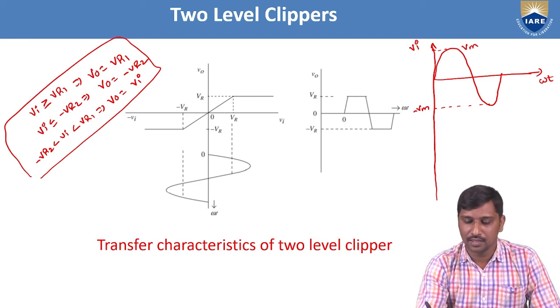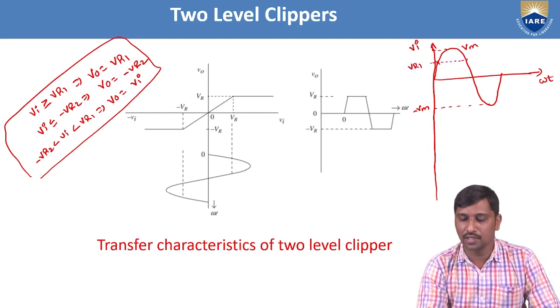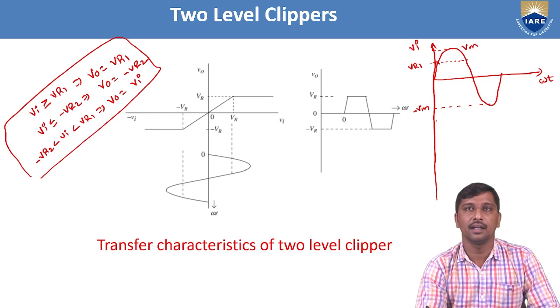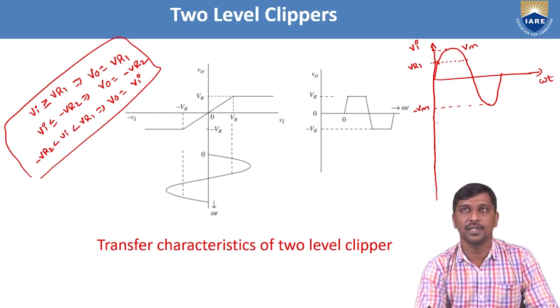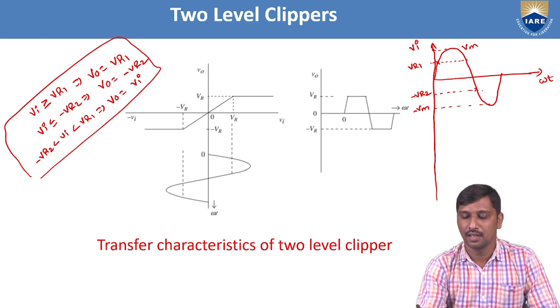Suppose this is my VR1, which also intersects this point. Similarly, we consider another reference voltage VR2. This is my VR2, with the same magnitude but different polarity, and it also intersects this point.